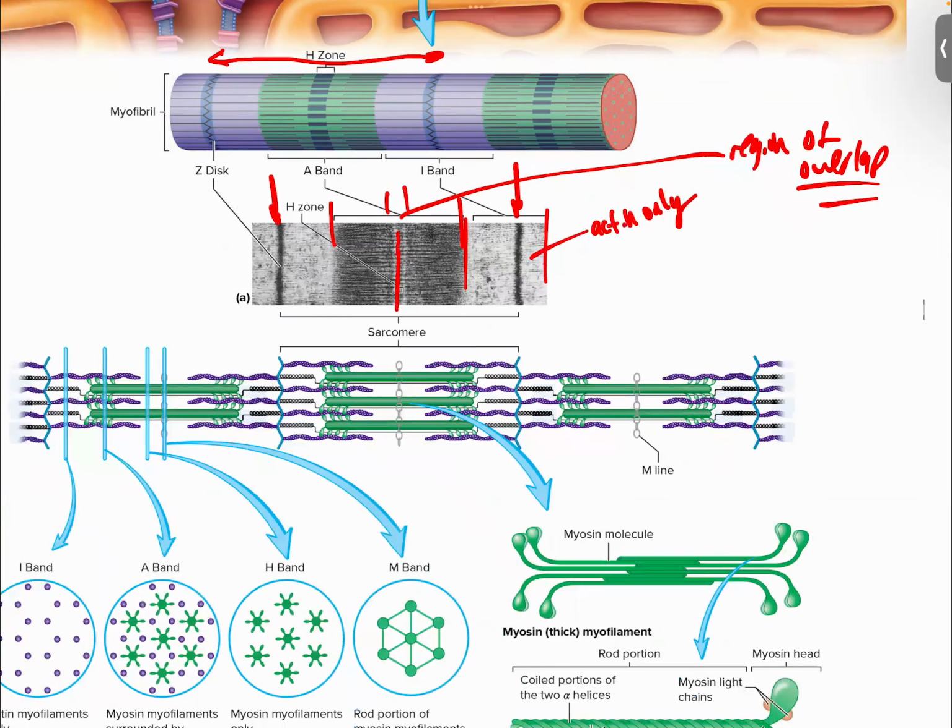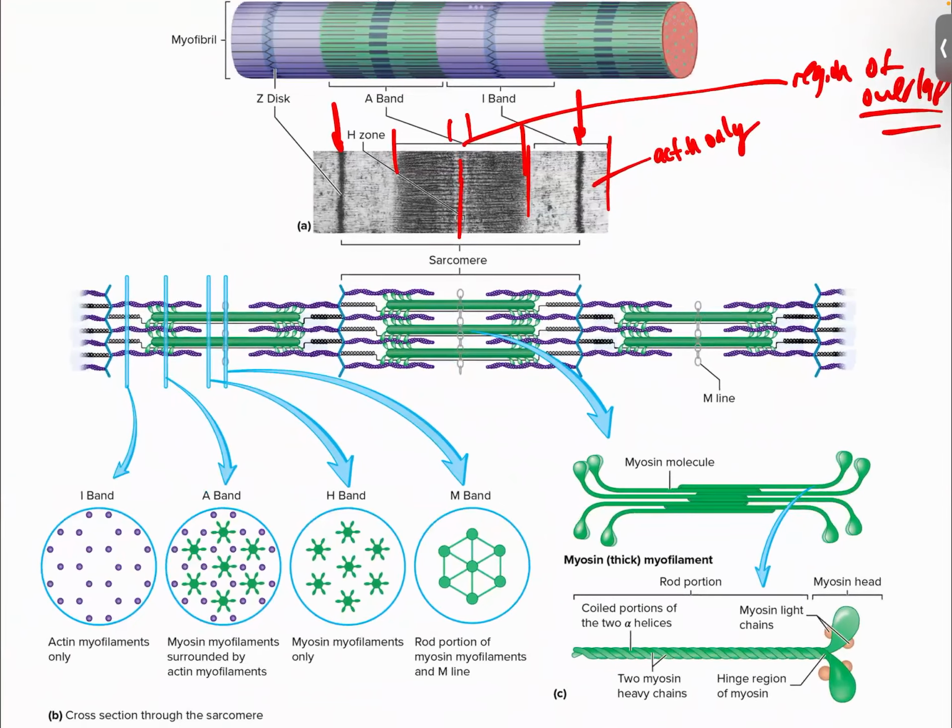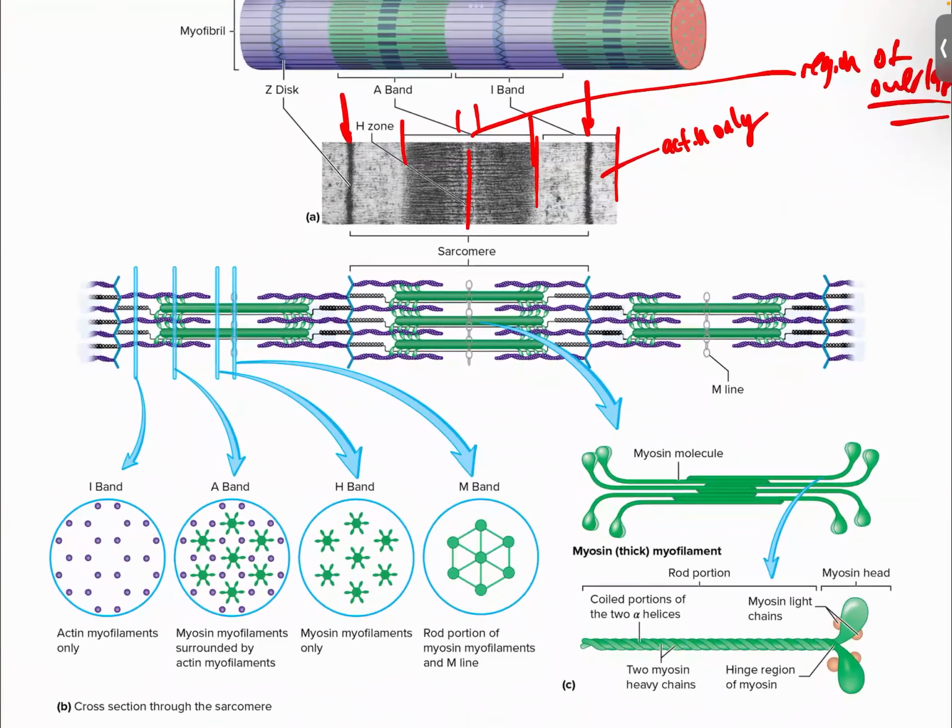And this is actually what it looks like. Here you can see your Z line, and your actin filament attached to it. In between, you see the myosin filaments, attached in the center by the M line. So you have this zone of overlap. Notice what the myosin looks like. Myosin is a motor protein with a filamentous shaft section and a head section.